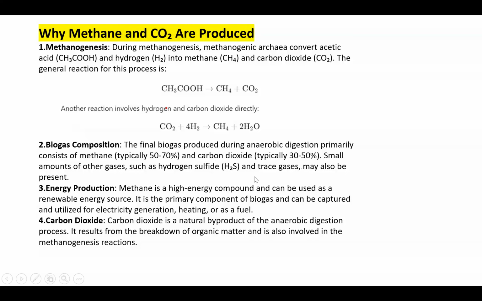This methane is very high energy, and as I explained, it can be used as a renewable energy source, for electricity generation, heating, or as a fuel. So this process has great potential for renewable energy applications.